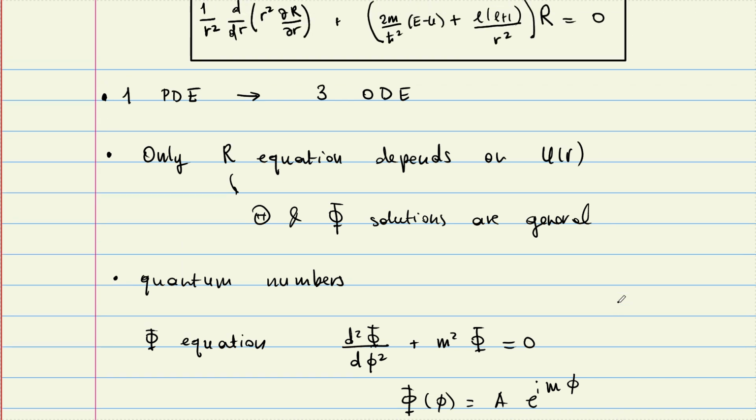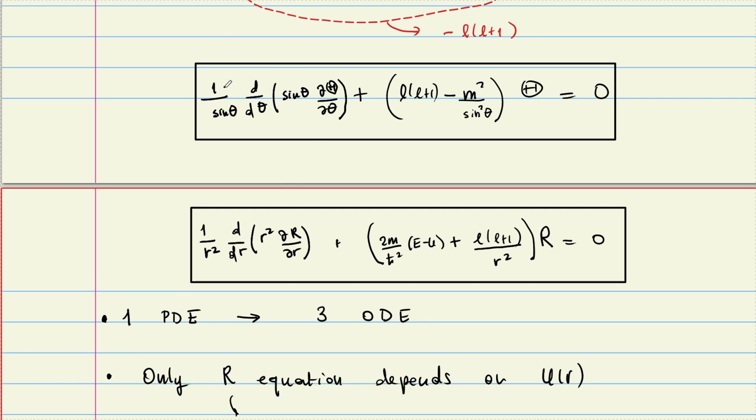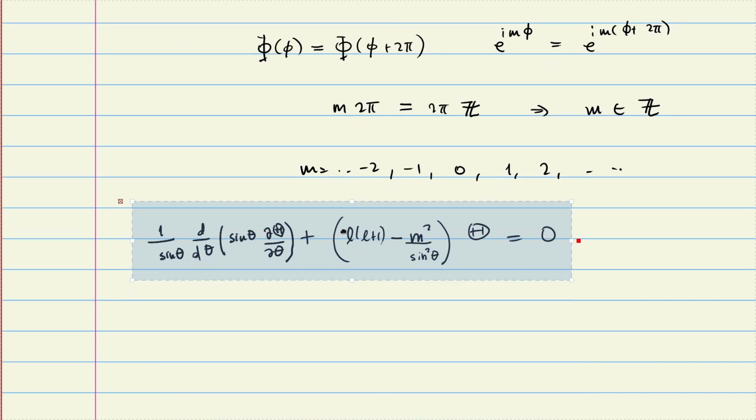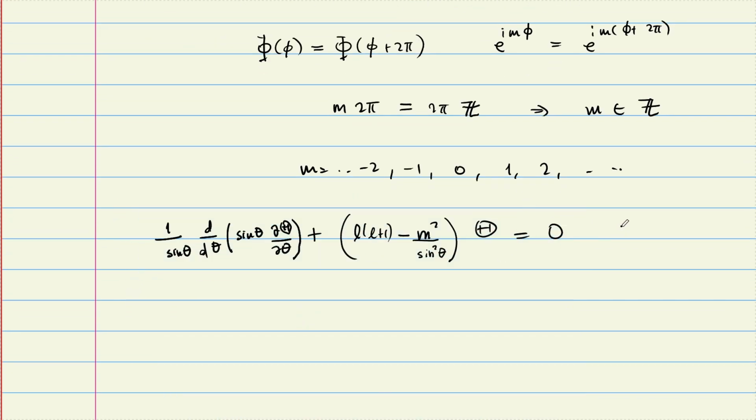So we solved the phi equation, but unfortunately we are not as lucky for the theta equation. So for the theta equation, this is a little bit more difficult. These are the so-called associated Legendre polynomials. You can just learn these special functions and see how they work, but for us it doesn't matter. For us what matters is this equation has solutions only for certain quantized values.